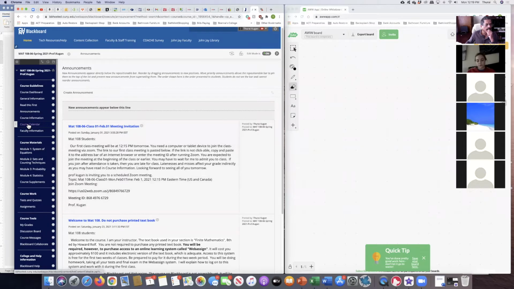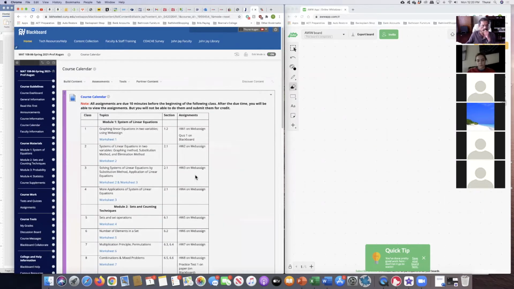The course calendar has the full details of what will be taught in each class, what worksheet will be handled, and what the assignment will be after each class. Today we're going to do worksheet 1, which is section 1.2 in your book, and homework 1 on web design will be due Wednesday.